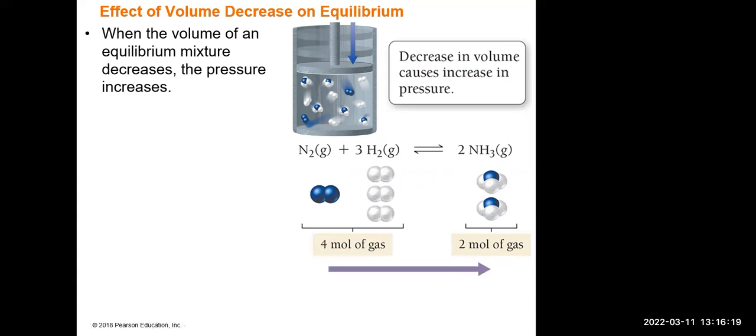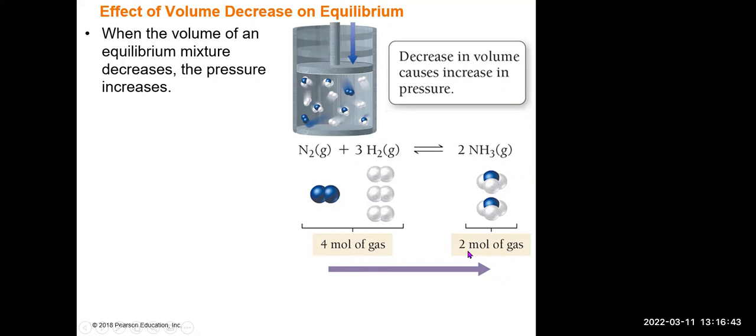So if we decrease the volume, the chemical equilibrium tries to do something to relieve your disturbance. As we analyzed in this picture, if we decrease the volume, the pressure increases. So then how can the chemical equilibrium reduce the pressure?